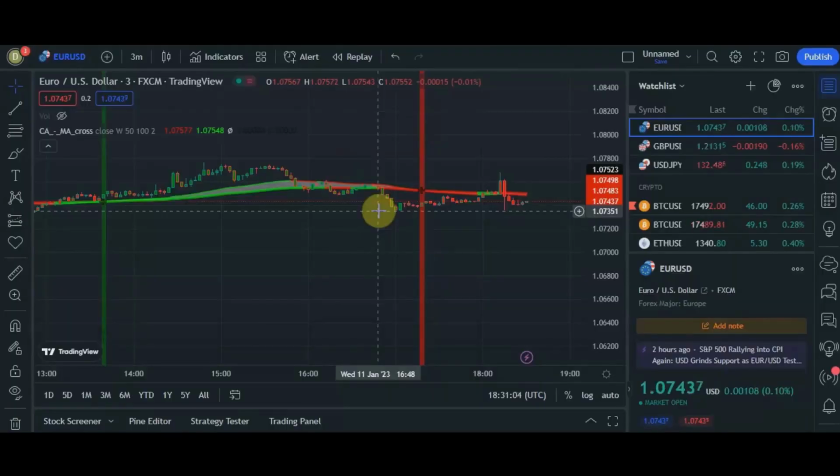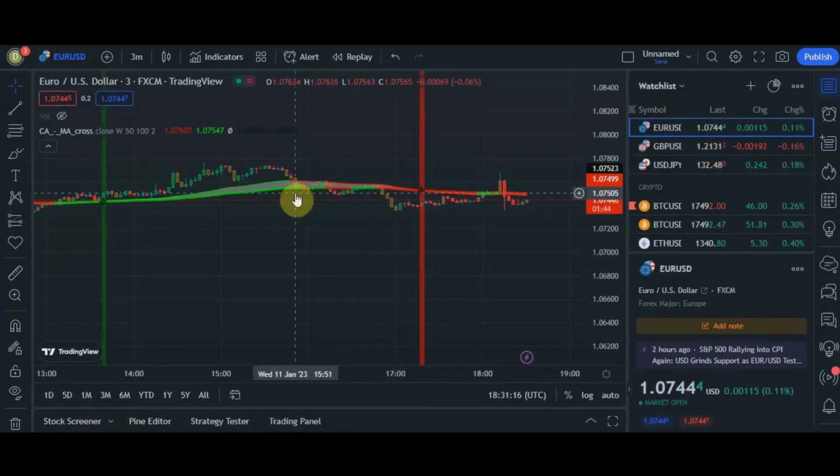Let's look at some of the recent signals, and this indicator gives you signals in the form of combinations of moving averages, and that's why the signals are so very accurate. So now let's take a look at our entries. As you can see, we have two moving average lines here, an upper line and a lower line, and you can see there are sections of the line that are green and some sections that are red, right?